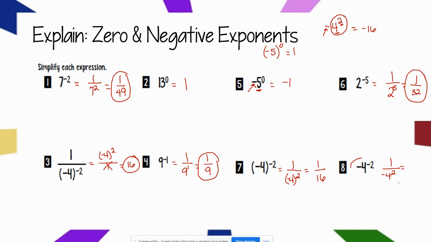Well, as soon as we flipped it, that was positive, so now we can do 4 times 4, because remember, the exponent is only on this base. And if there are no parentheses, then that means that this is telling us to do the opposite of 4 squared. Well, 4 squared is 4 times 4, which is 16, and the opposite of 16 is negative. So this is +1 over -16.